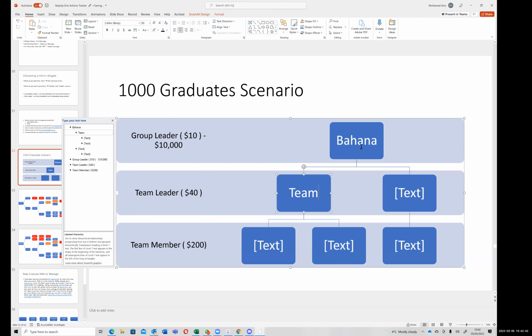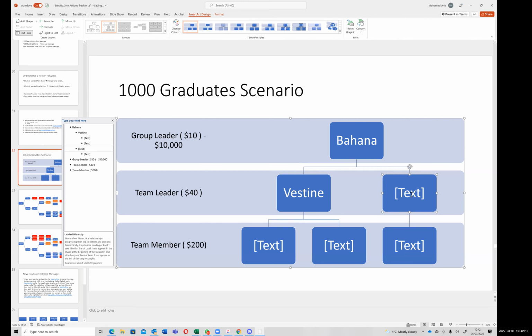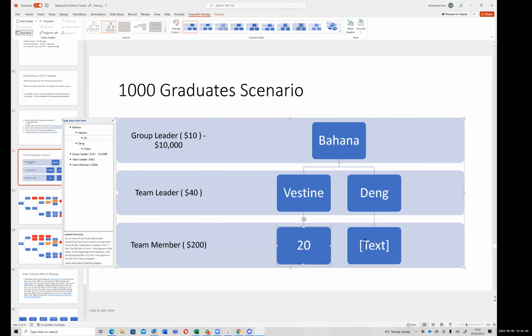Let's say you have a team of 1,000 people, and let's say I'm putting Westin and Deng. If Westin had a team of, say, 20 people, I don't know how many, and Deng had a team of 20, just for the heck of it, right?